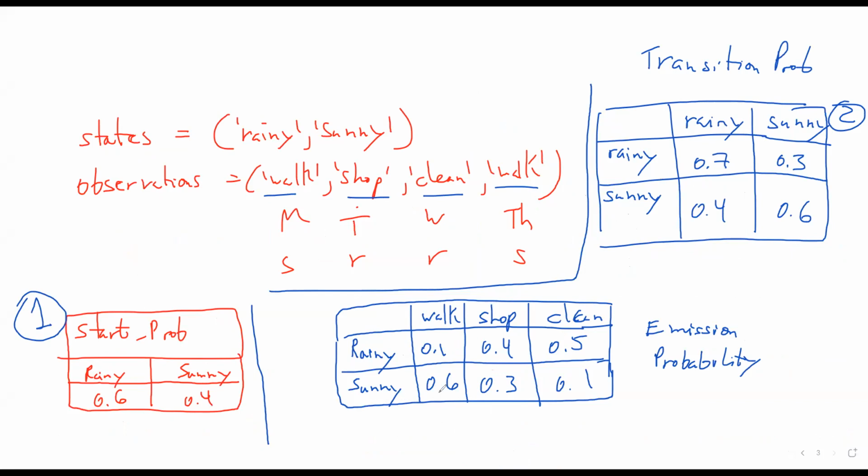Sunny walk 0.6. So 0.6 times 0.4. That's the probability that we calculate there because that's the state that we're looking at. Okay, guys? So this is what we want to compute. Okay, so we start to calculate these probabilities there.